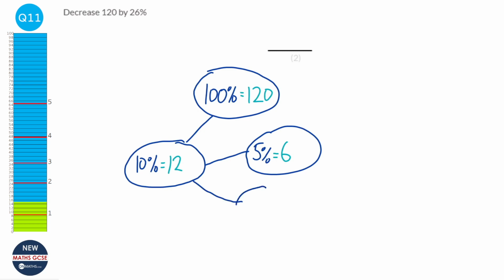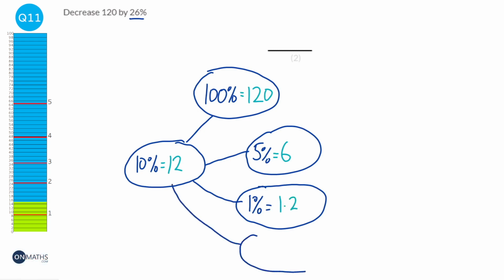We could do with 1% as well. And we're trying to get to 26%, so we'll do 1%. So dividing the 10% by 10 again, 1.2. And we could do with 20%, and 20% just means we're going to double the 10%. So double 12 will be 24.